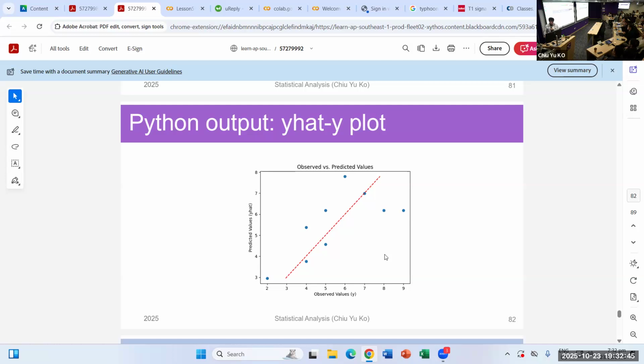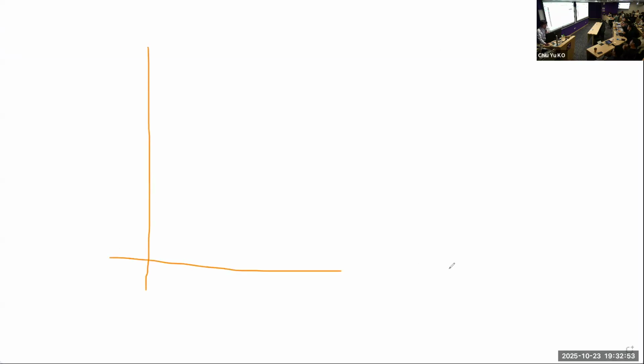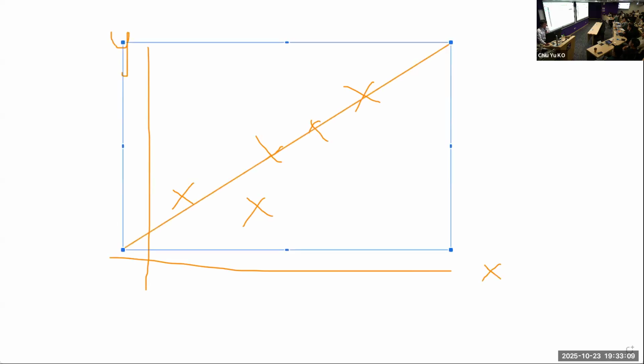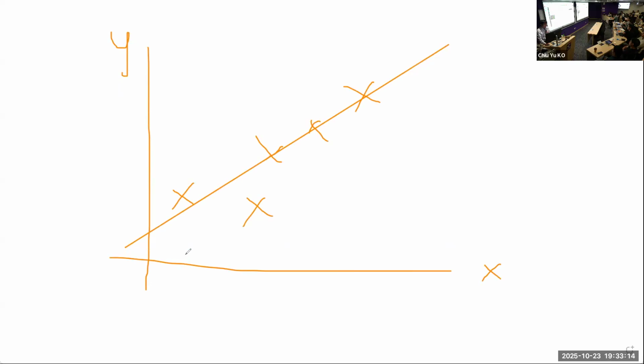Let me draw what I'm talking about. So this is what this y-y hat plot is doing. I have a scatter plot, suppose like this. This is X. I just use simple linear regression, just one variable, and I would fit a line, whatever, right? And you will see, for this X, this is the Y, but this is Y hat.